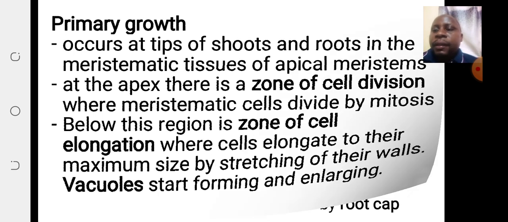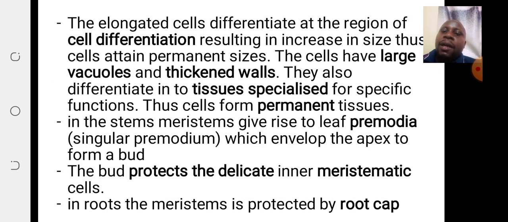Then the elongated cells will later differentiate into permanent tissues at the zone of cell differentiation. The cells here are large and they have got large vacuoles and thickened cell walls. We have said they differentiate into permanent tissues.